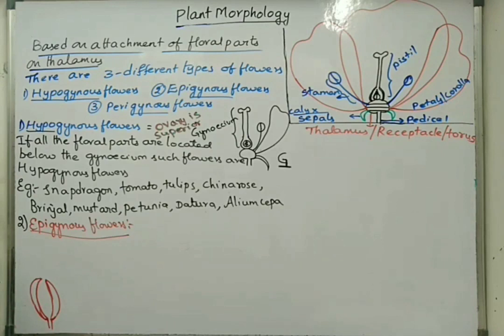So if thalamus is developed like this, ovary will be developing from the innermost base of the thalamus. Like this. So this is ovary. And this is thalamus.